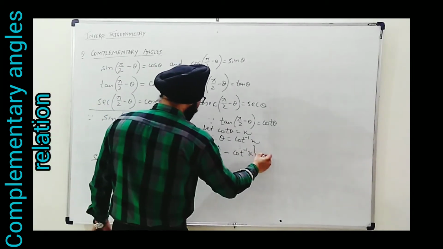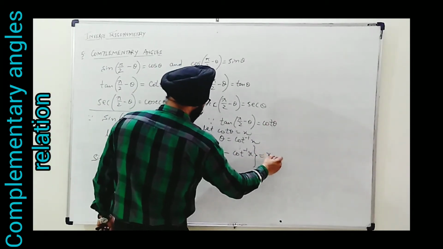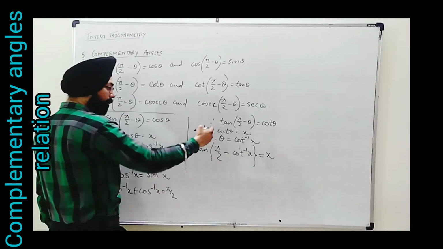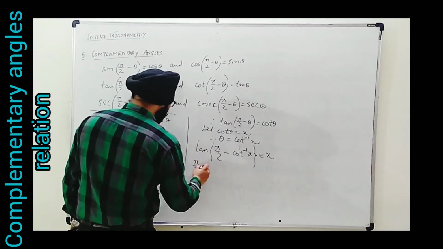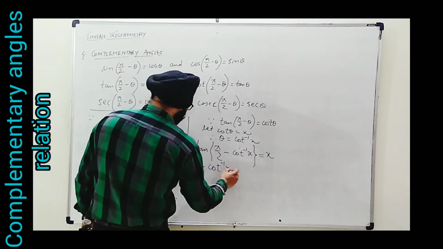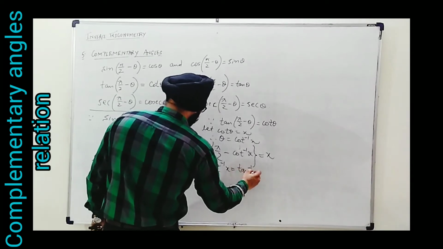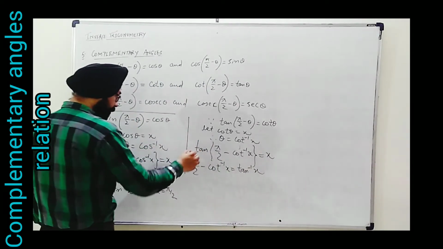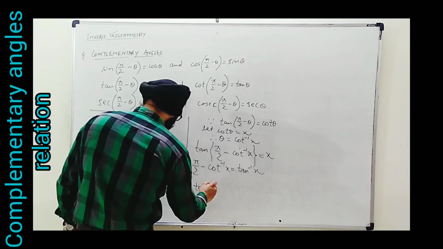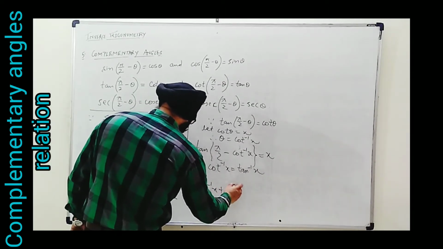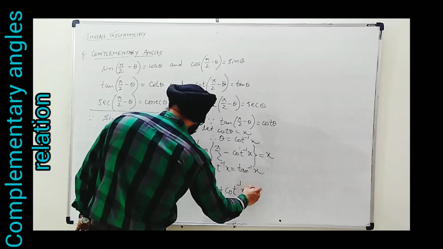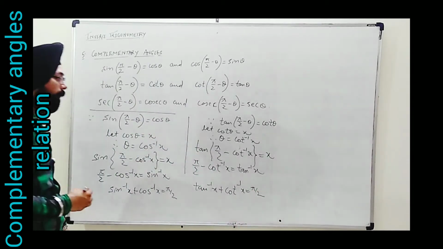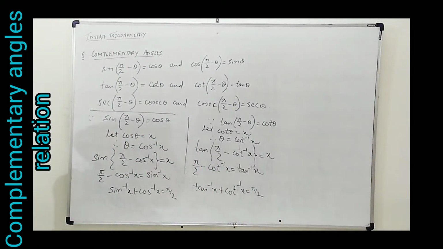So we have on the right hand side cot theta as x. Now again taking tan inverse on both sides, pi by 2 minus cot inverse x is tan inverse x. Now simplifying, we see the sum of tan inverse x and cot inverse x is pi by 2. Okay, so this is the way to prove.